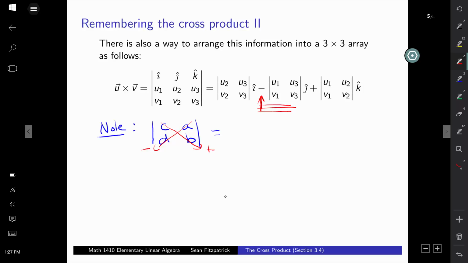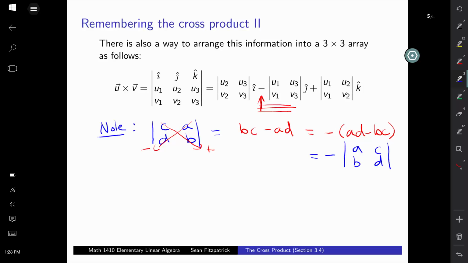Then we have C times B, I guess we wrote it the other way around, but let's do it this way. So this would be BC minus AD, and if I pull a negative out, that's minus AD minus BC, and that in turn is the negative of what we would get if we did A, B, C, D, right? So if you swap the columns, that amounts to a minus sign.